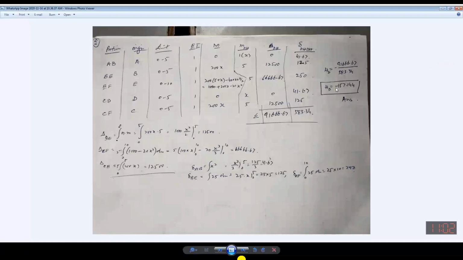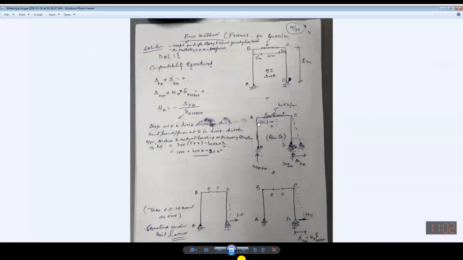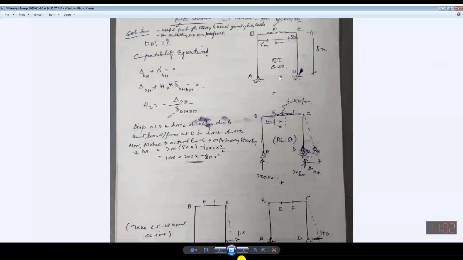Now, after you have obtained this horizontal force, the whole structure at this moment has become determinate. Horizontal force is 157, vertical force is 200. Okay?